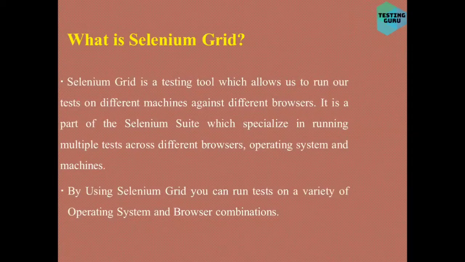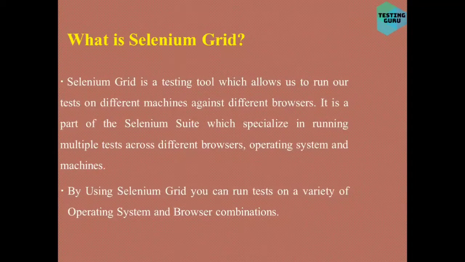What is a Selenium Grid? Selenium Grid is a testing tool which allows us to run our tests on different machines against different browsers. It is a part of the Selenium suite which specializes in running multiple tests across different browsers, operating systems and machines.